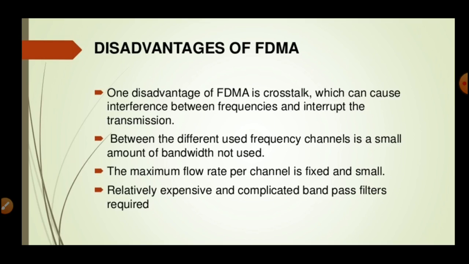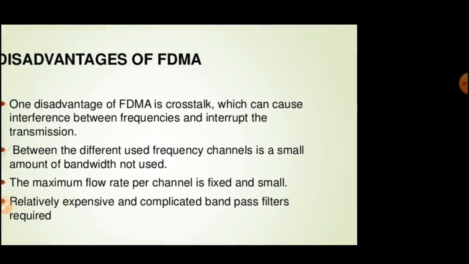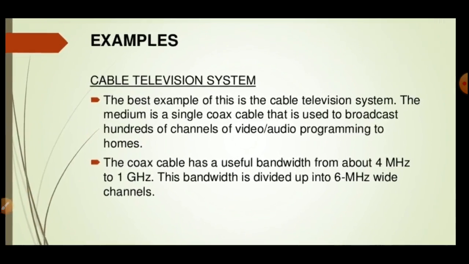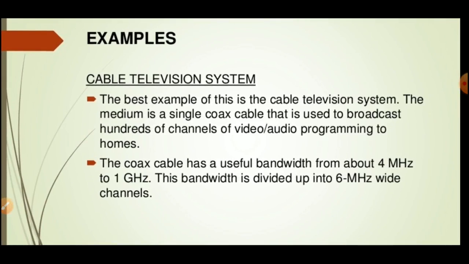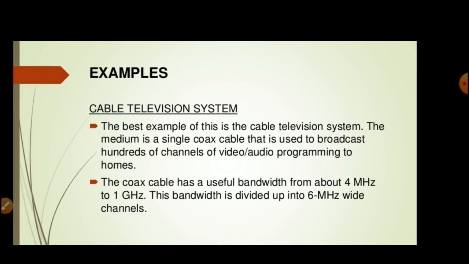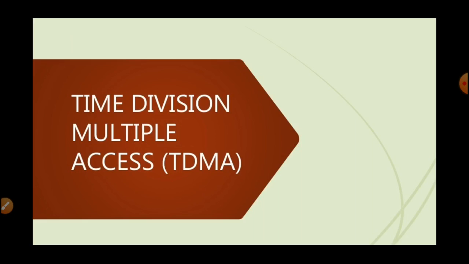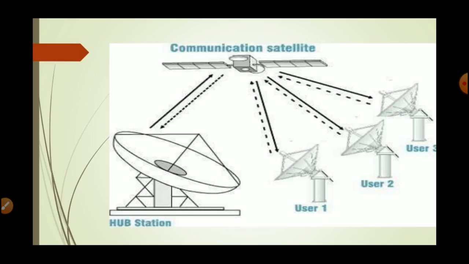The maximum flow rate per channel is fixed at a small value, and relatively expensive and complicated bandpass filters are used. Examples: cable television system, analog telephone system.